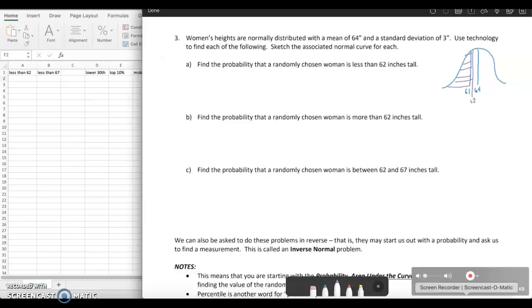In this case, what that's going to look like is we're going to type in equals norm.dist. We're looking for the 62 value, mean being 64, standard deviation being 3, and we are looking for everything up to that 62 mark, right? So it is cumulative in this case. So we're going to use true there.